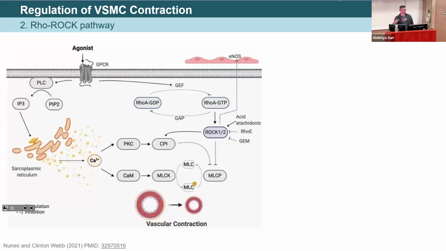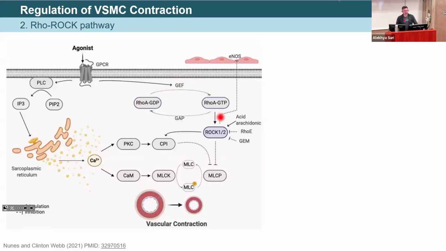So how does all of this lead to contraction of smooth muscle? Imagine that this receptor is actually a G12/13 coupled receptor. That's going to lead to the activation of P115 GEF, right? And that's going to activate RhoA in this particular case. There are many different types of Rho, but RhoA is the one that we care about now.